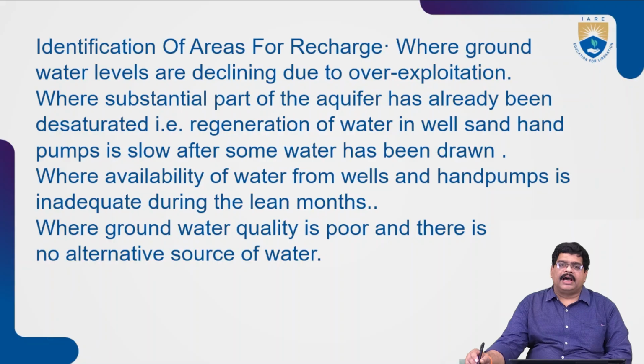Which areas should we select for artificial recharge? We select areas where groundwater levels decline due to over-exploitation, where there is substantial regression of water levels in wells and hand pumps, where the availability of water from wells and hand pumps is inadequate during the lean months, where the groundwater quality is poor, and where there is no alternative source of water.